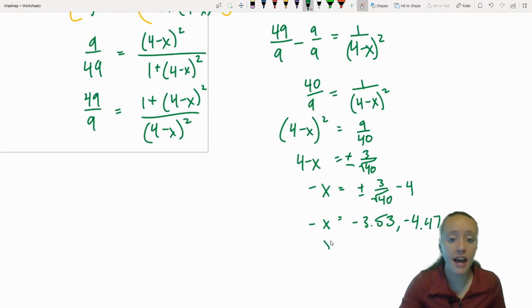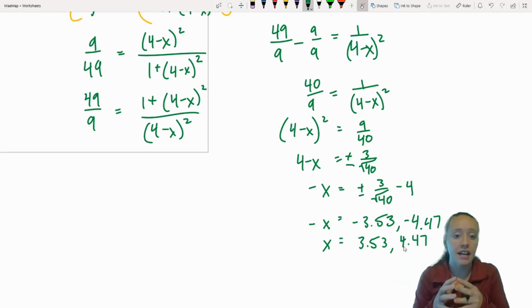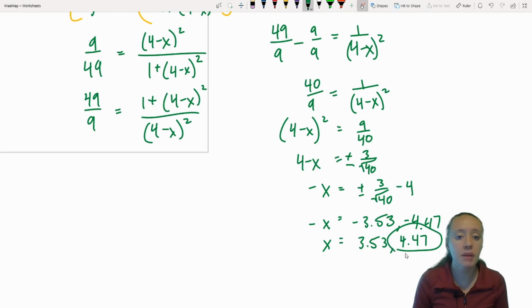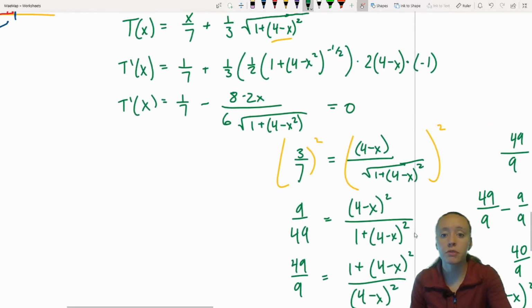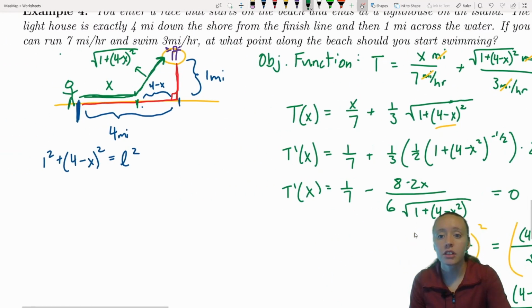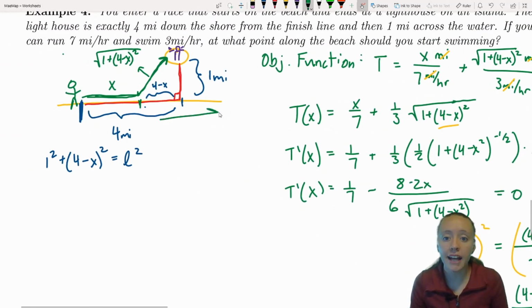So that means that x is going to either be a positive 3.53 or a positive 4.47. But think about that. x is that distance. Does it make sense for x to be a positive 4.47? If I ran 4.47 miles, I would run past the lighthouse.